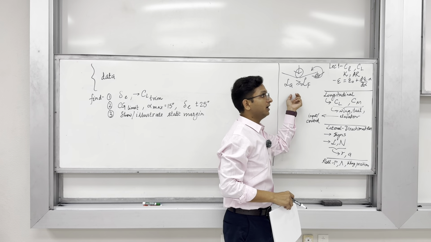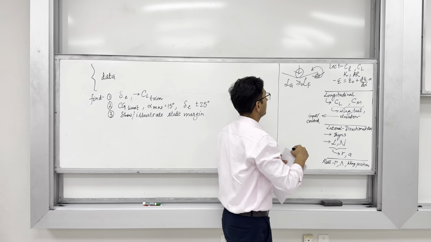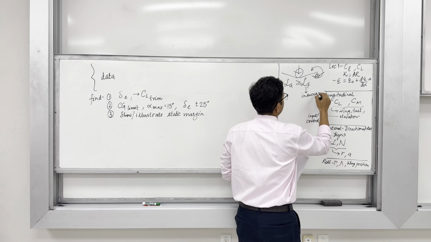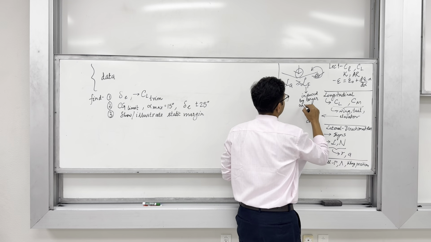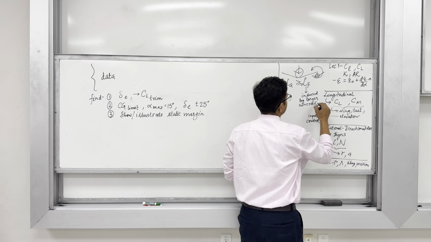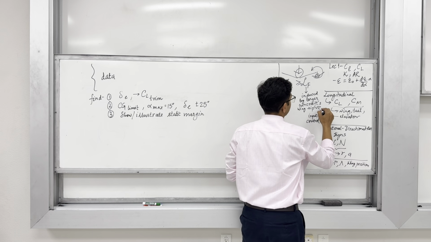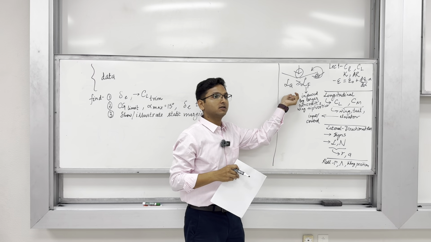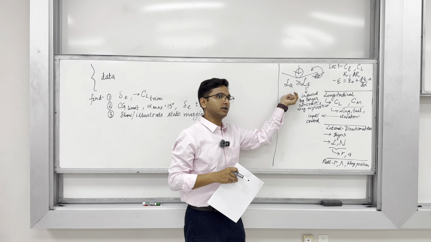So to determine that, you will first find out the rolling moment that is being induced by the larger aircraft's wingtip vortices, and then this is the rolling moment that maximum aileron deflection will give you.